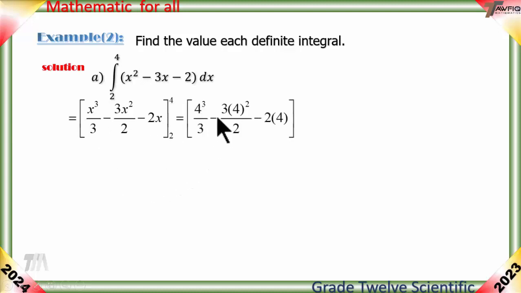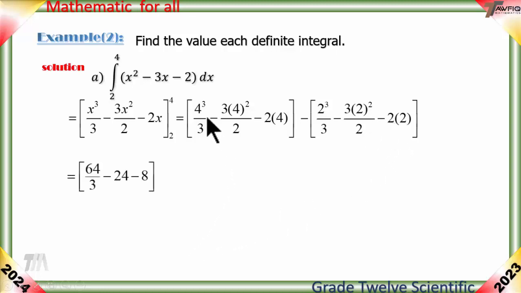It becomes 4 cubed over 3 minus 3 times 4 squared over 2 minus 2 times 4. After that, minus, substituting 2 in place of x, it becomes minus 2 cubed over 3 minus 3 times 2 squared over 2 minus 2 times 2.